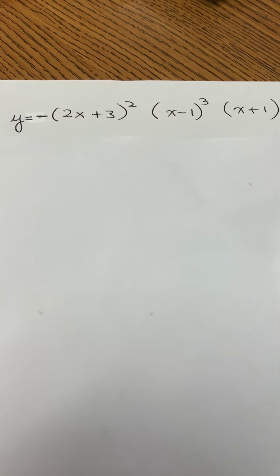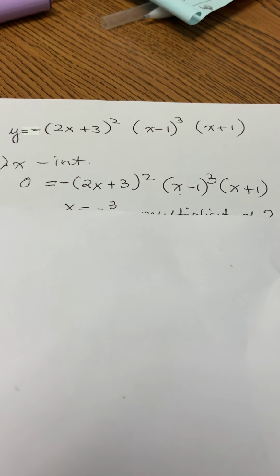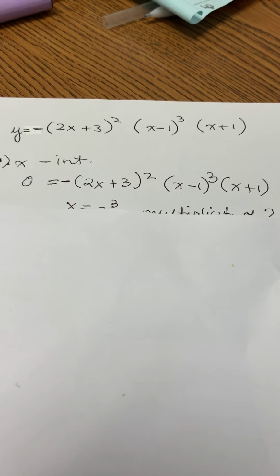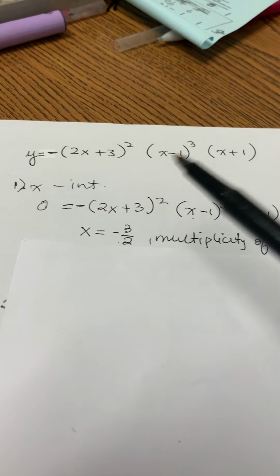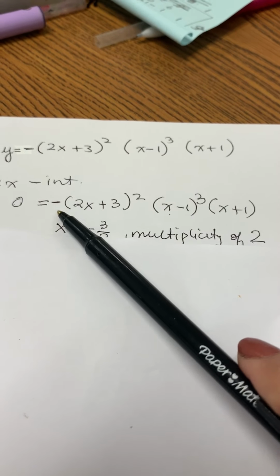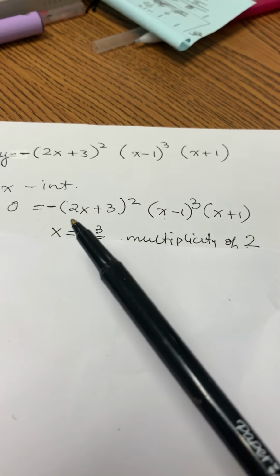Okay, let's start. So we're going to get our x-intercepts. Okay, so we have to make y 0 and look for the values of x that will make this 0. So we're going to equate it to 0, and so we will get our zeros as negative 3/2. When this is 0, this negative doesn't matter for now because 0 times negative 1 is still 0.